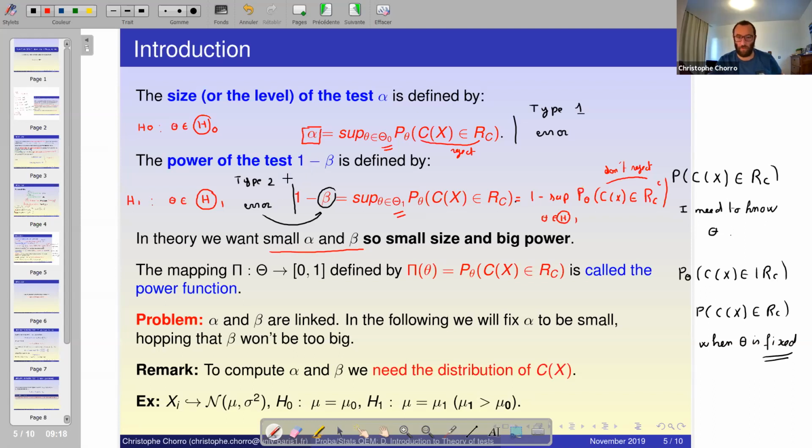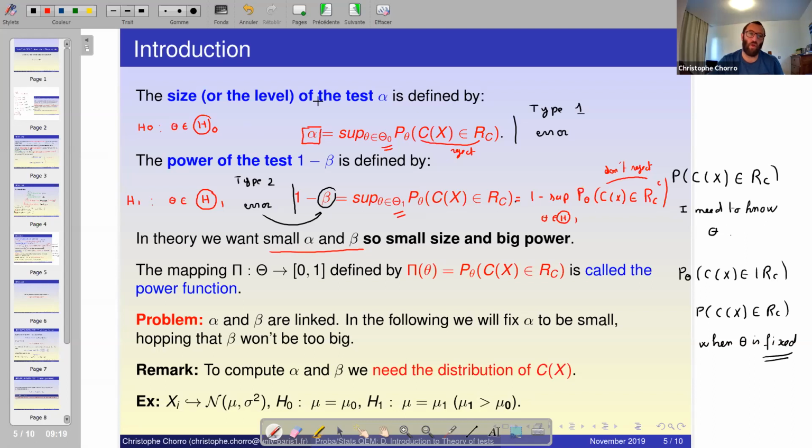So my objective, if possible, is to minimize alpha or to fix it small. I want to minimize beta, or fix it small, and beta is related through the definition to what we call the power, that is 1 minus beta.